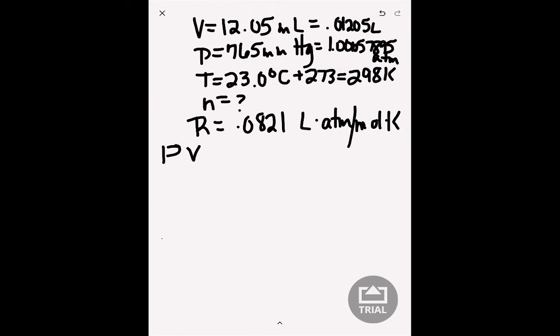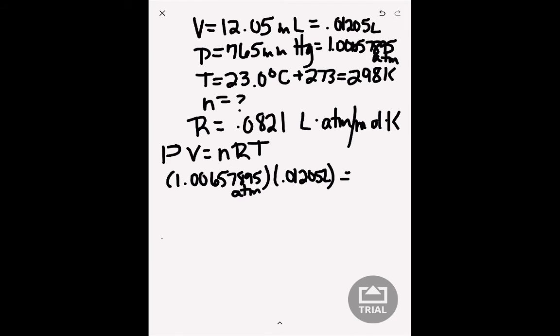So now we can plug in everything. Okay, so P is 1.0065789 atmospheres. V is 0.01205 liters. n is what we're solving for. 0.0821 is our R, and then 298 is our temperature.